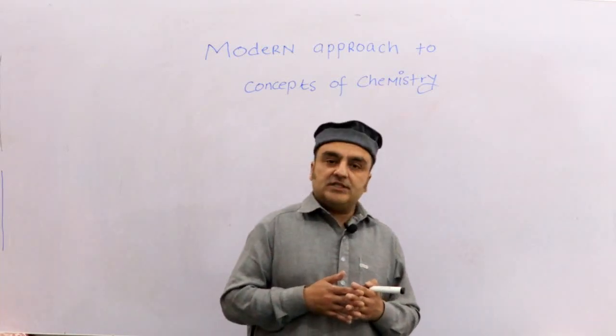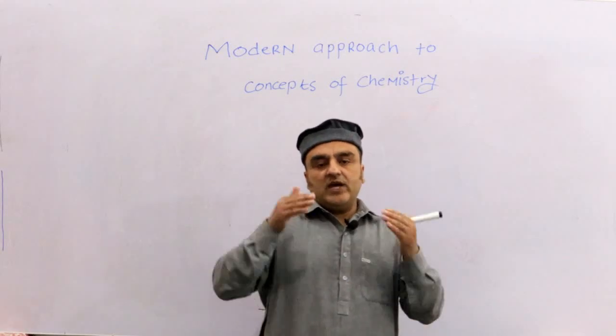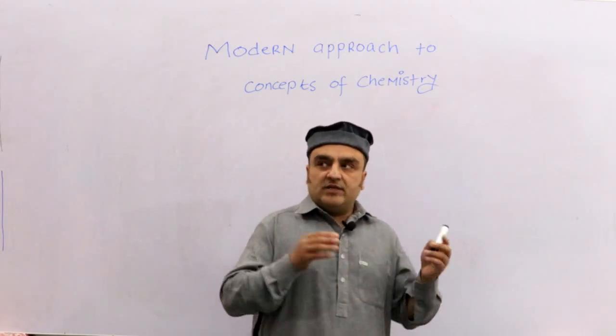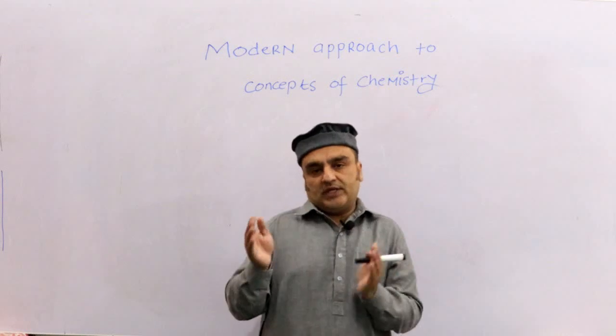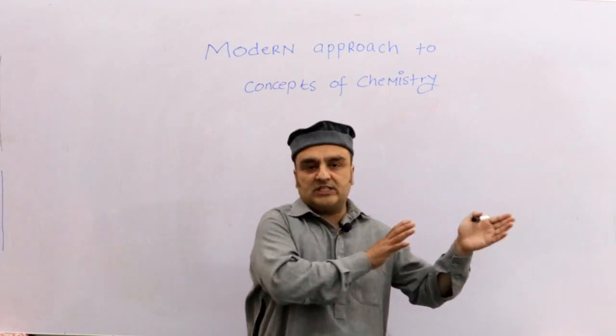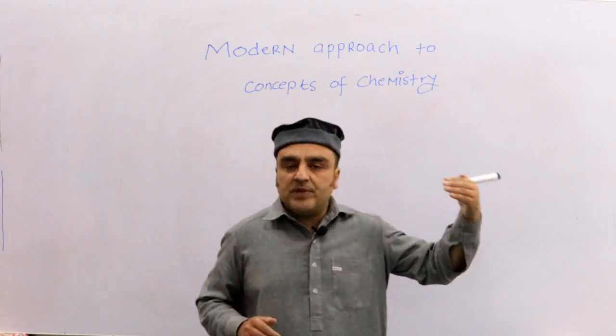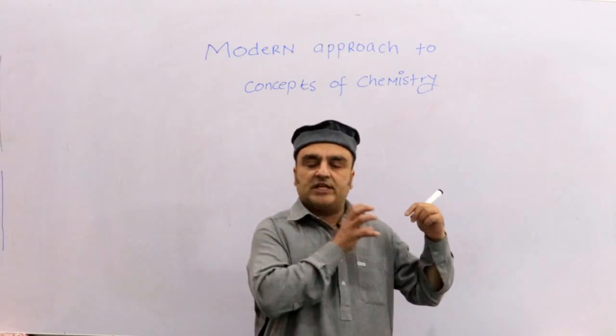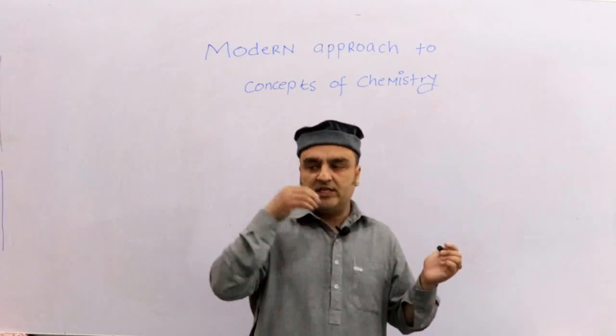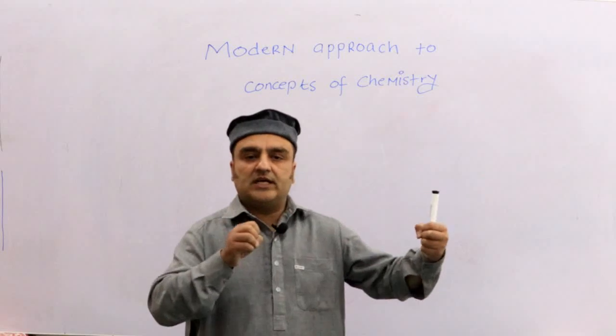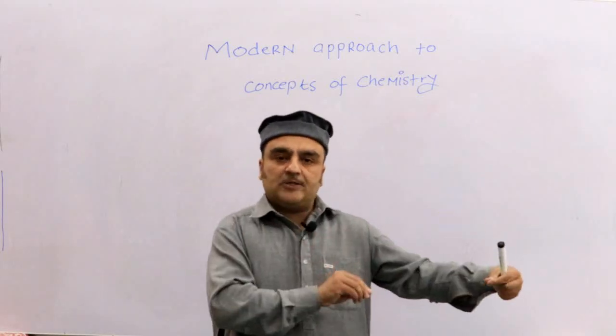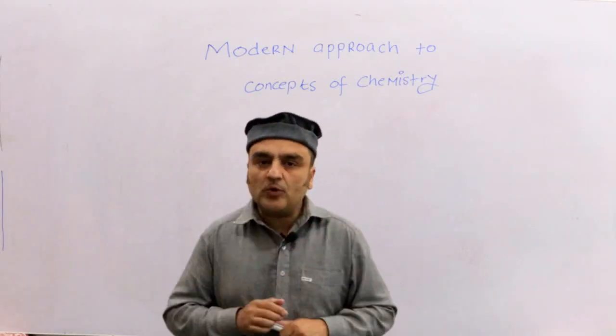Suppose we understand that this is a reactant and this is the behavior of this reactant, and the other reactant has another reactivity. When they react together, they will produce this product.